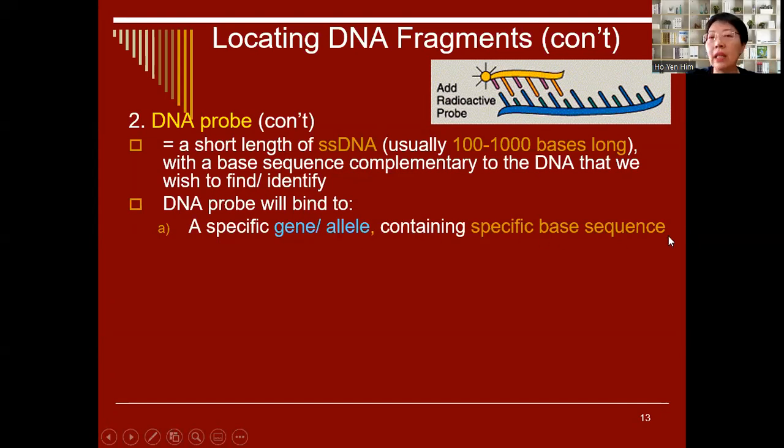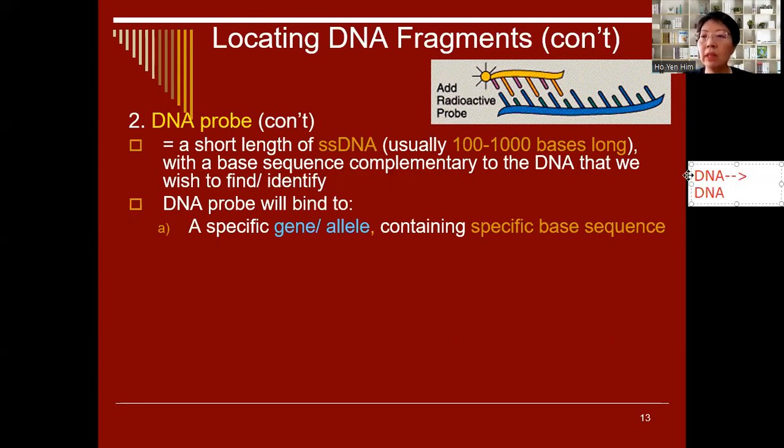For example, in genetic engineering, remember, one of the ways to obtain the wanted gene is from DNA to DNA. That means you go to the nucleus and isolate all the chromosomes from the nucleus of the cell, and then you cut all the DNA using restriction enzyme into fragments of different sizes, and then you run gel electrophoresis.